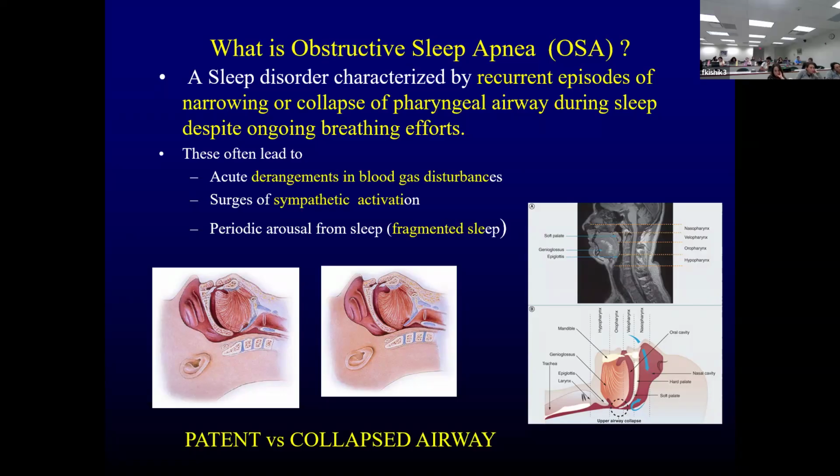It stops for a while until the receptors in the chest wall send a signal to the brain that there's no oxygen coming through, and you wake up. When this happens, it also causes something called micro arousal. Micro arousal means the EEG rhythm changes, but you are not aware of it. You are still asleep. The person who has sleep apnea is still asleep.